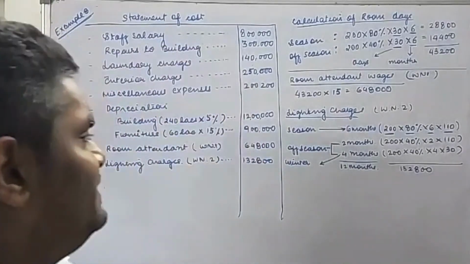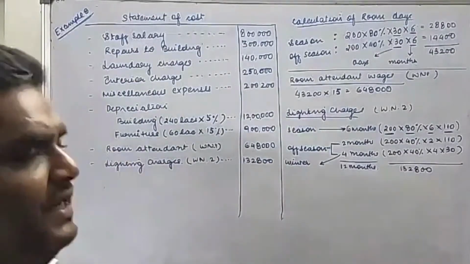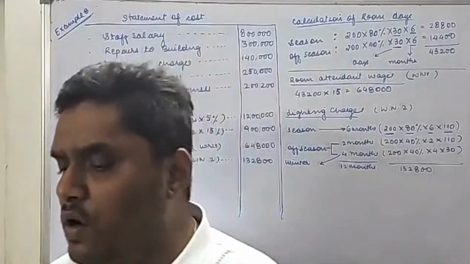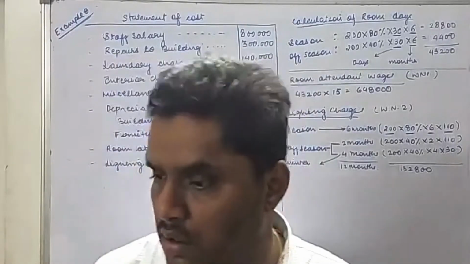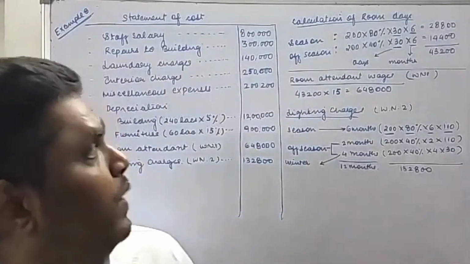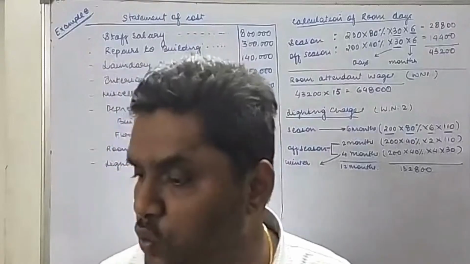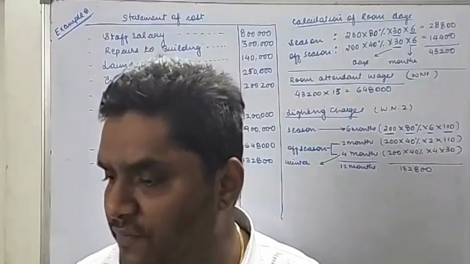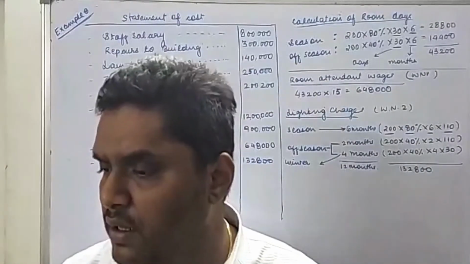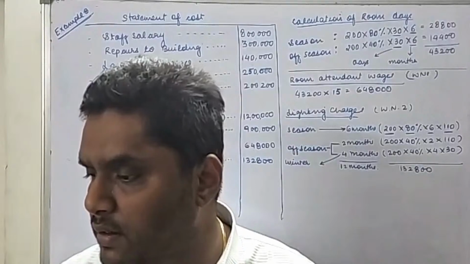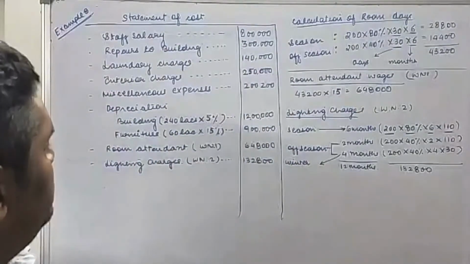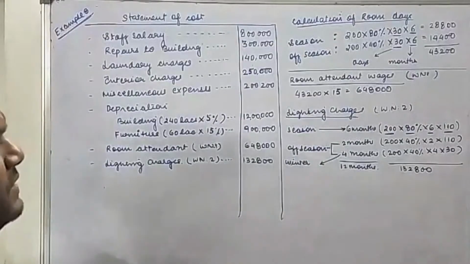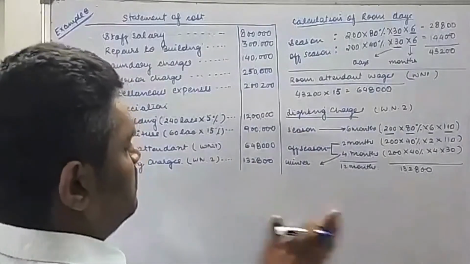So we are done with this calculation. We have got the monthly lighting charges. I think we have considered all the costs now. So 8 lakh, 3 lakh, 1 lakh 40,000, 250, 200, 200. Thereafter, we have considered depreciation and we have considered the monthly lighting charges also and the room attendant. So this much is all about cost.